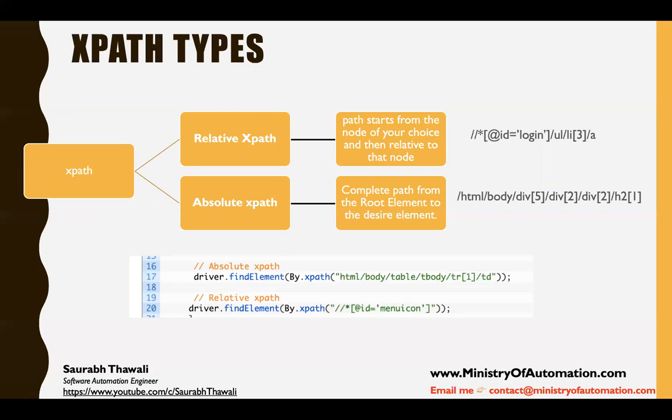So the XPath which starts from the node of your choice, and then relative to that node, it goes ahead. Or in another simple language, the XPath which targets a specific node itself, and which doesn't start from its parent, like from the top HTML parent, top node.